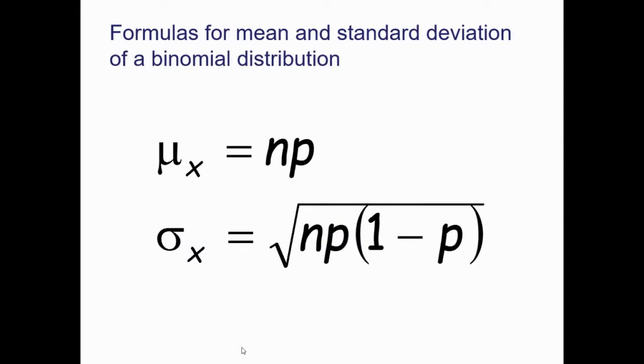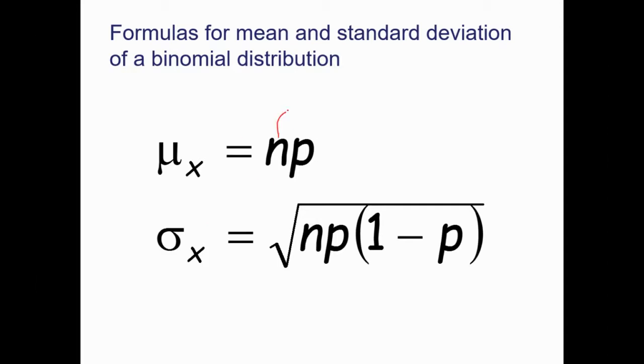Okay, so let's look at the mean and standard deviation of a binomial distribution. Let's actually go over the formulas so you have them. For the binomial distribution, the mean is n times p.